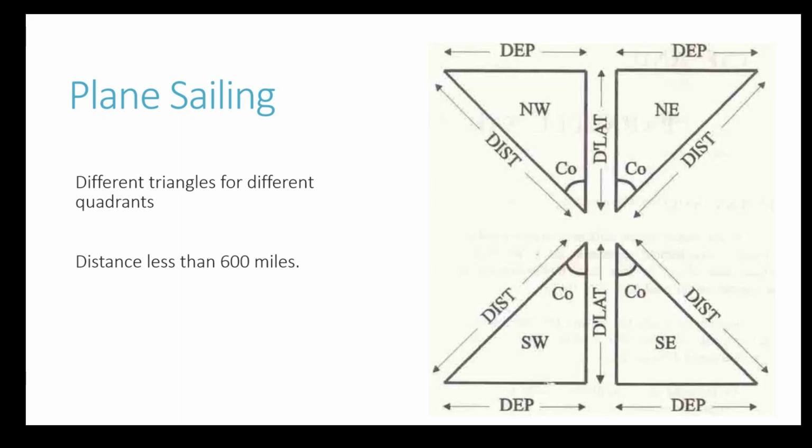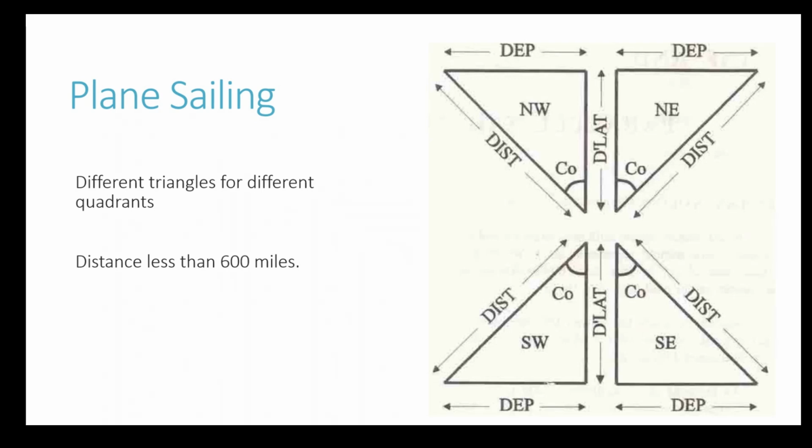So this sailing is used only for distances less than 600 miles. For our normal passage planning, when the distances involved are much lesser than 600 miles, we can easily use this plain sailing to calculate the courses and distances.